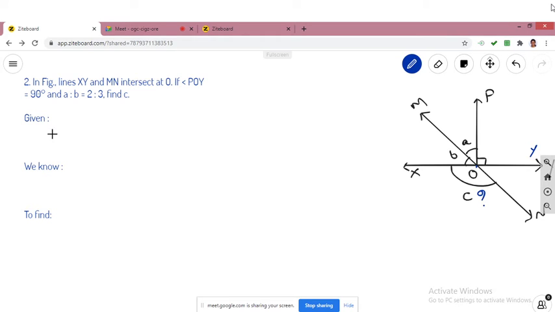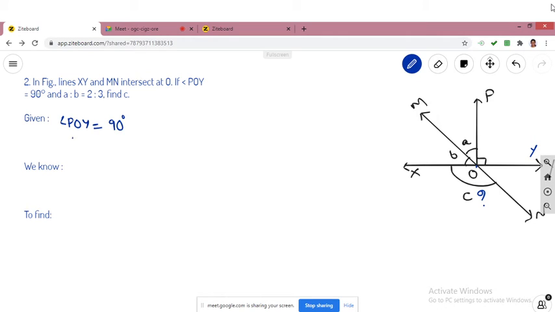So what are the things we have been given? Angle POY is equal to 90 degrees. A is to B is equal to 2 is to 3.